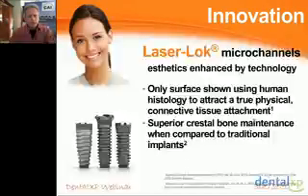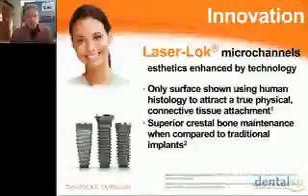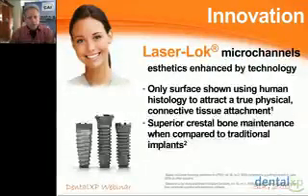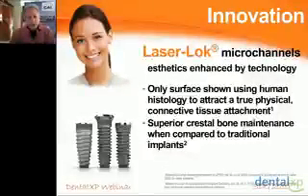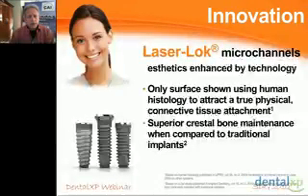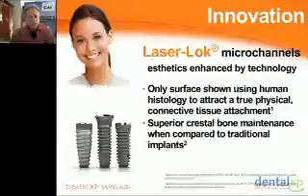Now in this case, we're going to talk about some of the new concepts involving laser lock, which are microchannels placed on the coronal aspect of the implant. Today, based upon some fantastic research done by Nevins and Jack Ritchie and many others, it is really the only surface that shows human histology which attracts a true physical connective tissue attachment.